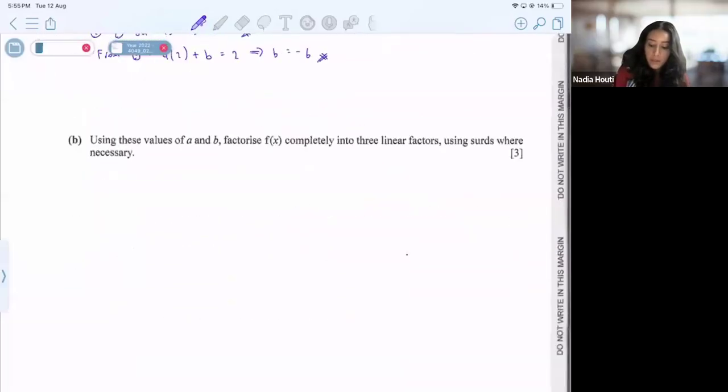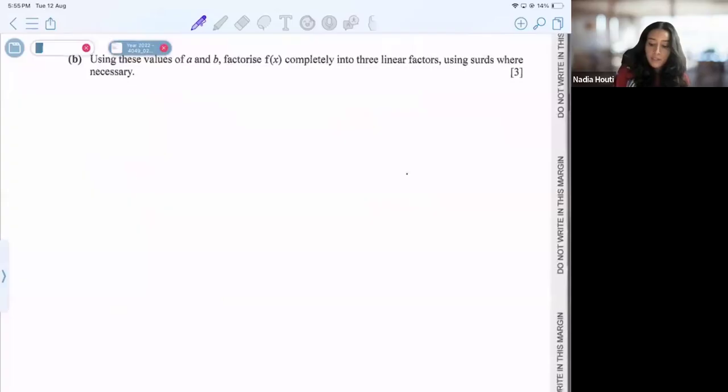Next, using these values of a and b, factorize f(x) completely into 3 linear factors using surds where necessary. When you want to factorize a polynomial of degree 3, you can expect there to be a maximum of 3 linear factors. Two linear factors multiplied together give you a quadratic.